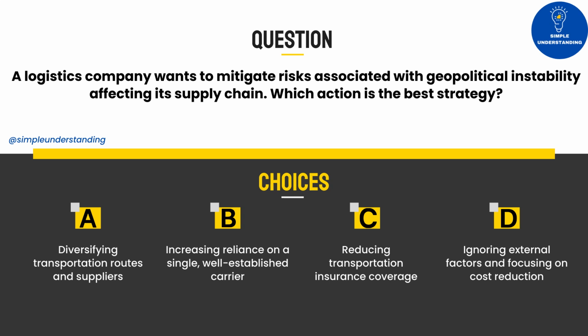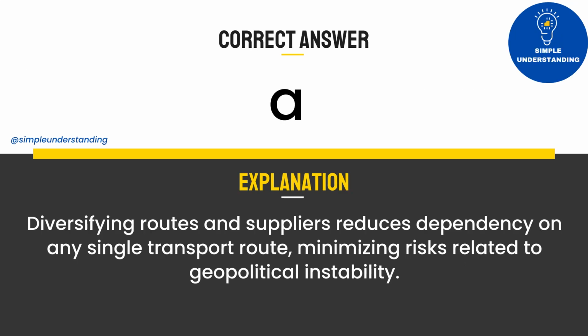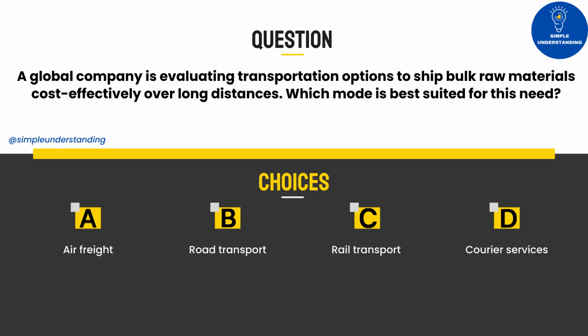D. Ignoring external factors and focusing on cost reduction. Correct answer: A. Explanation: Diversifying routes and suppliers reduces dependency on any single transport route, minimizing risks related to geopolitical instability.